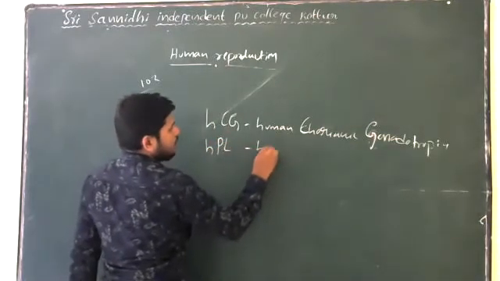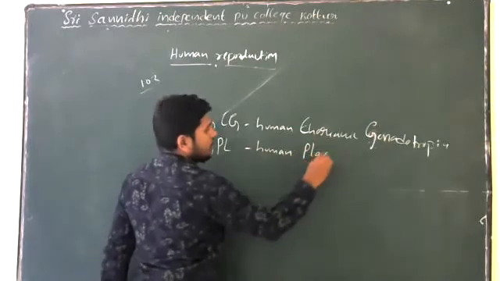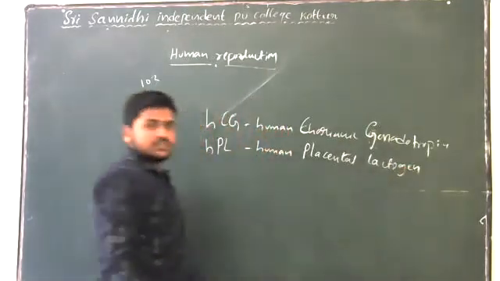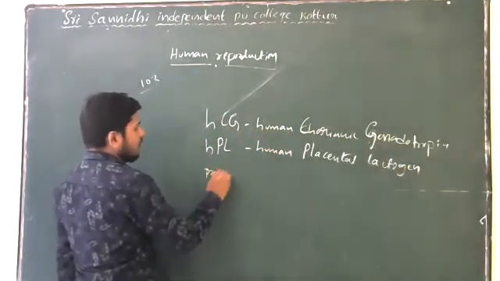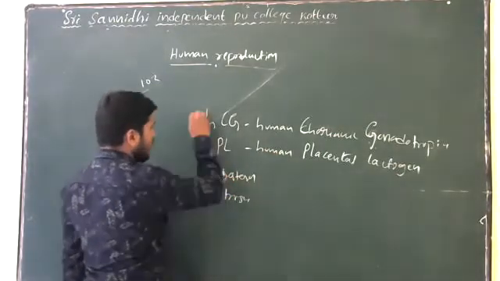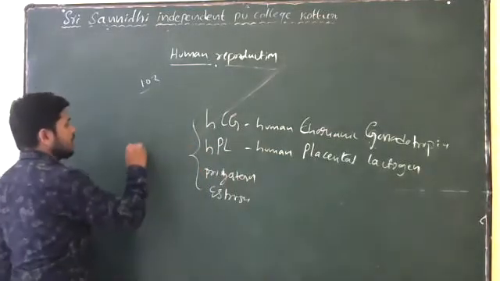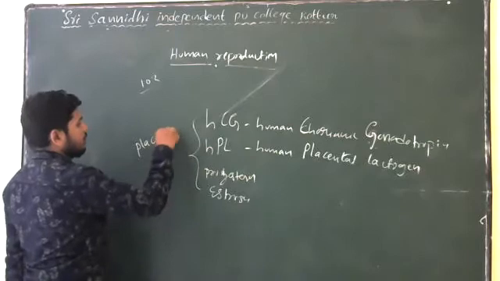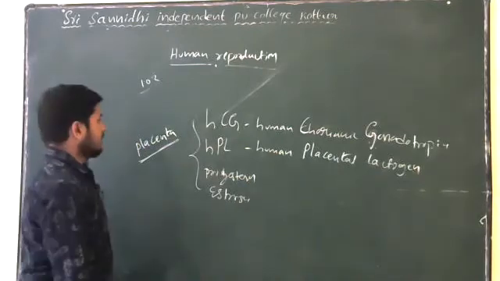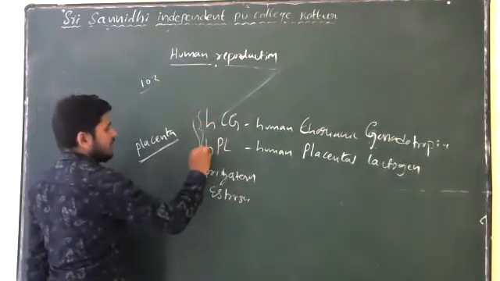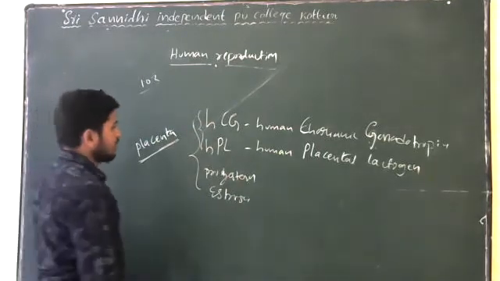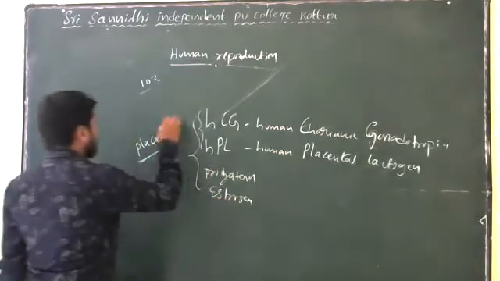HPL is human placental lactogen. Along with progesterone and estrogen, these hormones are secreted by the placenta during pregnancy. Remember, the hormones which are secreted by the placenta, especially during pregnancy, are secreted rapidly: HCG, HPL, along with progesterone and estrogen.